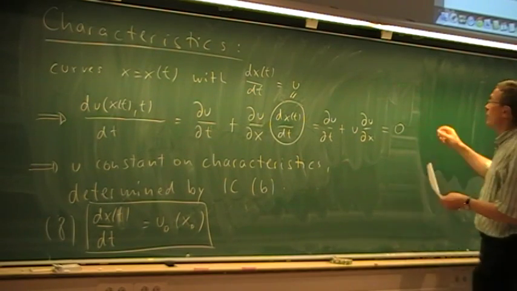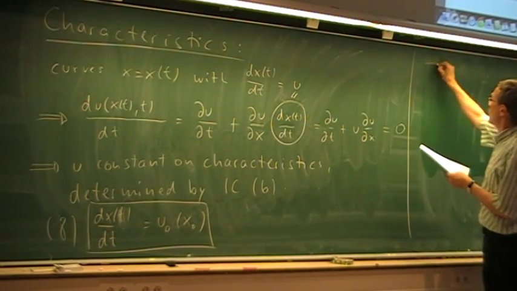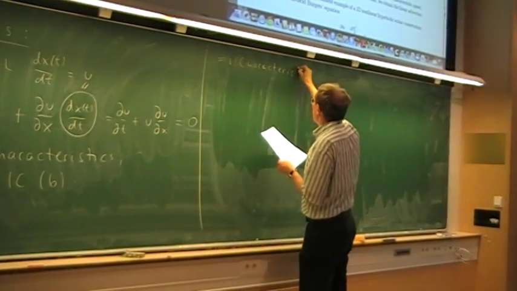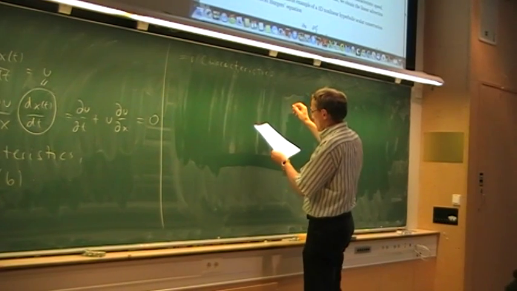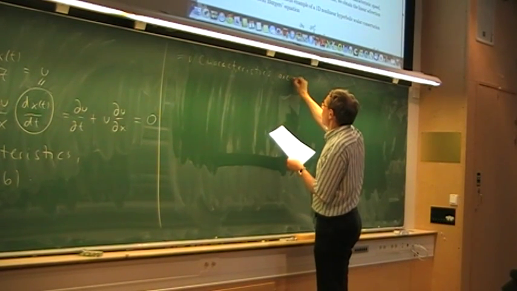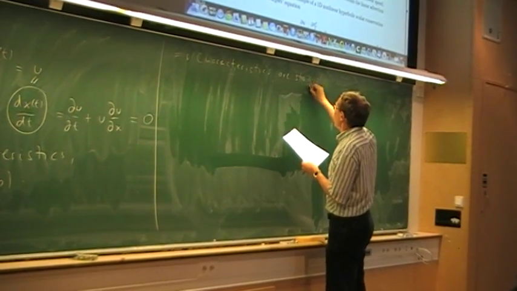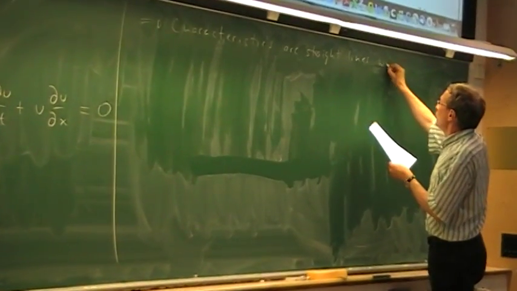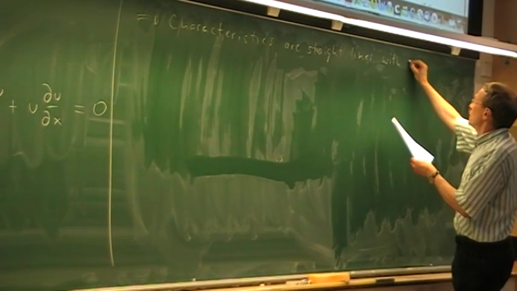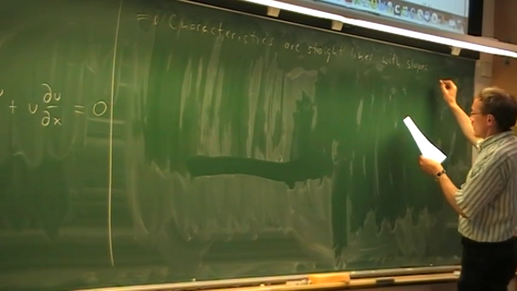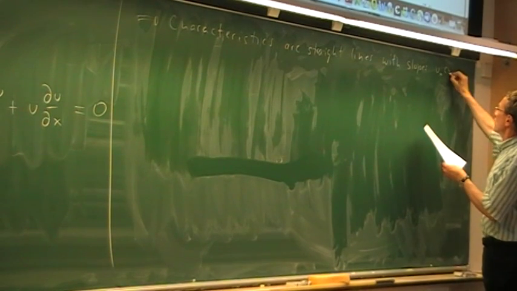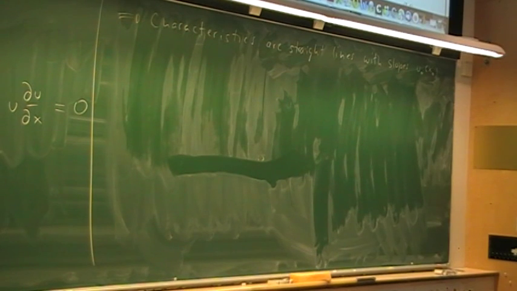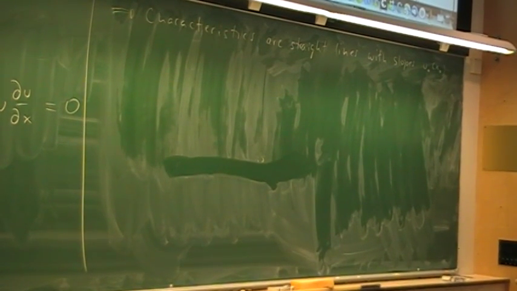From that we can conclude that the characteristics are straight lines with slope u0 of x0. Because x0 varies, also u0 of x0 will vary.